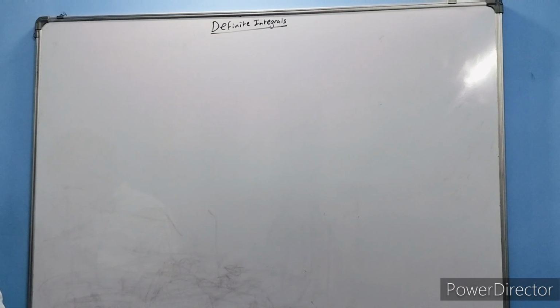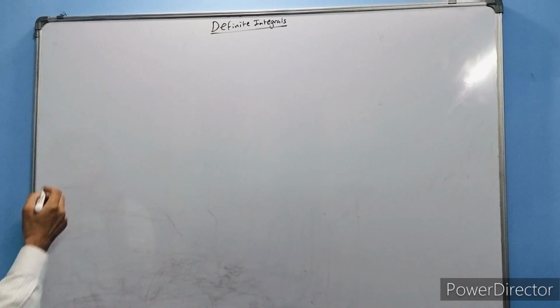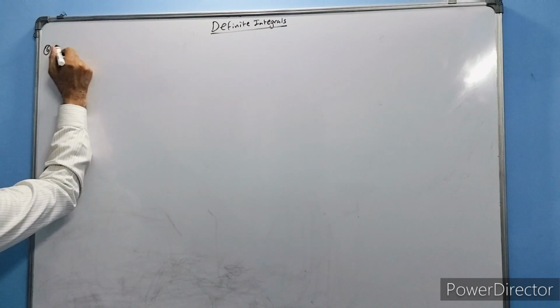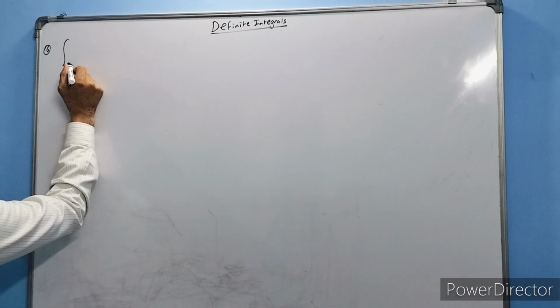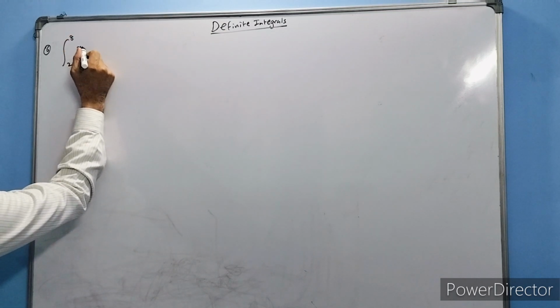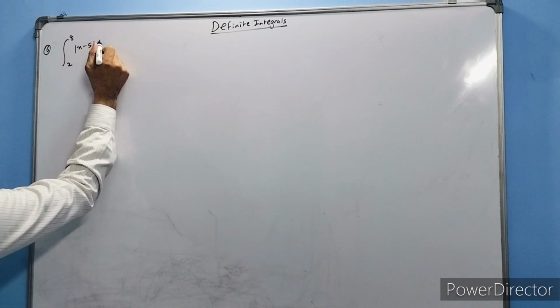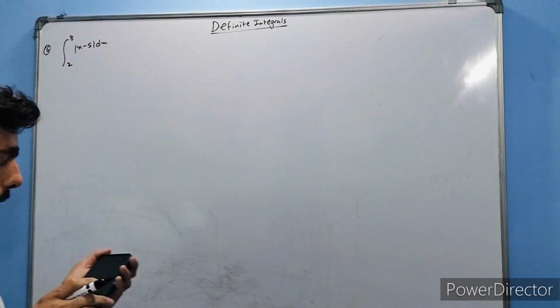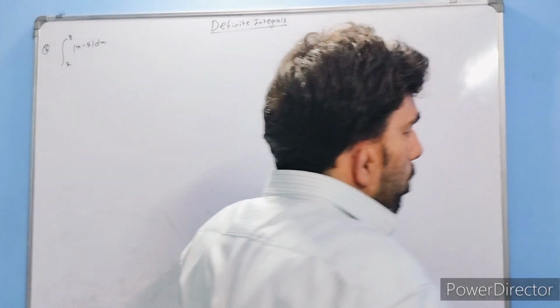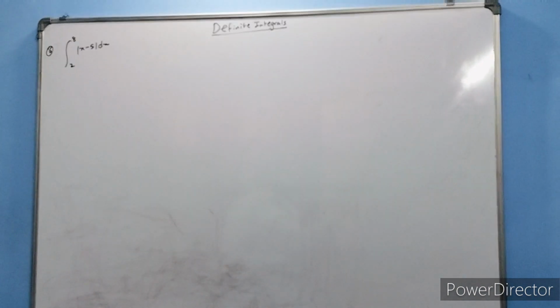We have a different property to apply here. This is the 6th one: the integral from 2 to 8 of mod x minus 5 dx. Now let us implement the property.